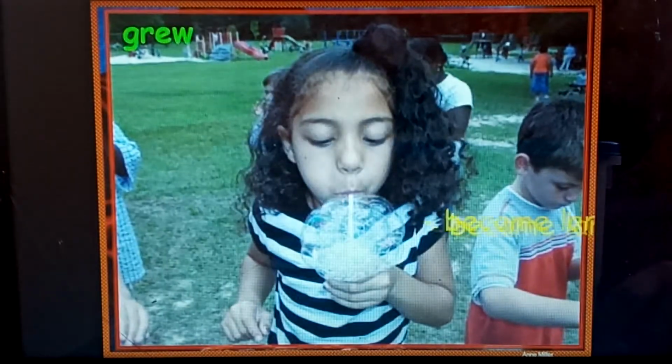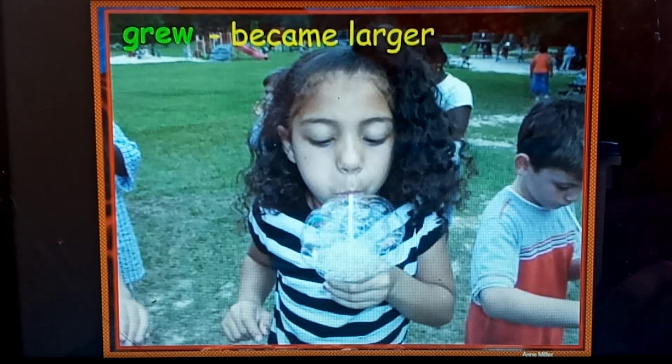Next word, you have grew. Grew is the past of the verb grow. So whenever it tells you that plants grow, flowers grow, kids grow, if you want to talk about the past, you say grew. So when you see relatives after a long time, an uncle or an aunt, they can tell you, oh my gosh, you grew up.